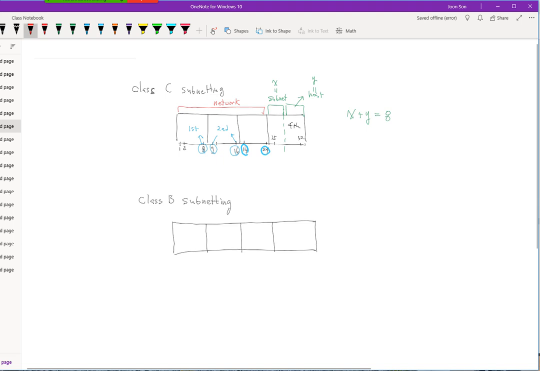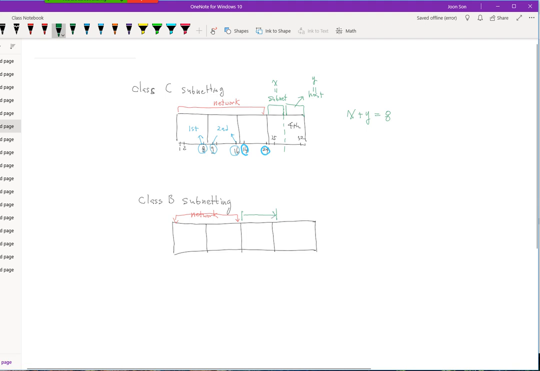And then this is the network portion for class B subnetting. Okay? And then somewhere starting from the 3rd octet, I don't know where it's going to end, but let's say somewhere like here, right? We don't know.